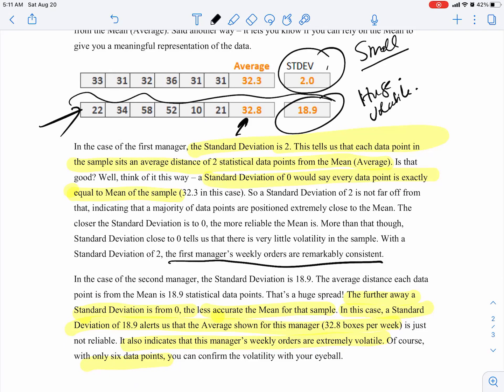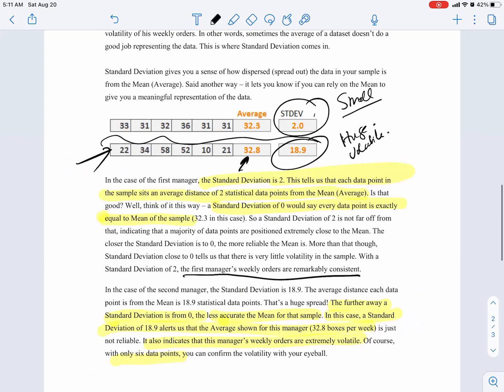So the standard deviation will help you determine whether or not your mean is a good measure of central tendency. For example, by calculating the standard deviation in this data, you were able to figure out that the data I have is volatile, so I cannot base my prediction on this mean.